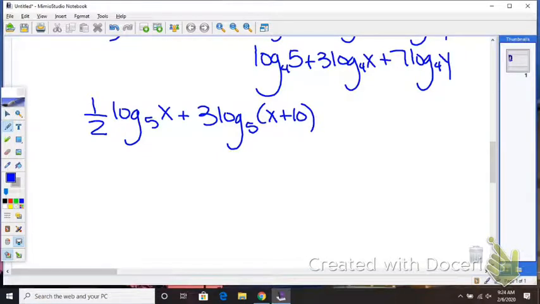Correct. When you're condensing, look for exponents to pull up first. So like this 1/2 is going to go to this x. And this 3 is going to go to this whole x plus 10. The parentheses are messing me up. Just treat it like it was one term.